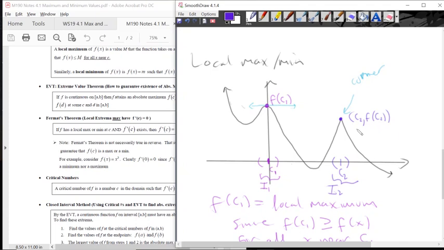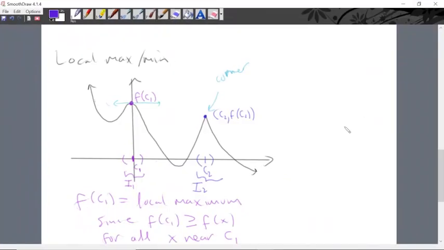So the output f of C2 is a local maximum. f of C2 is another local maximum. Now, f of C1 is a different value than f of C2, so we have more than one y value that is considered a maximum. Each one is the maximum within its own neighborhood, or locally.